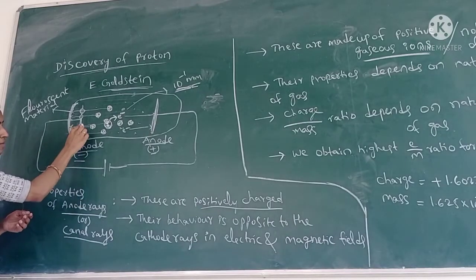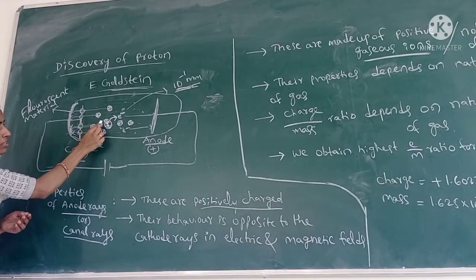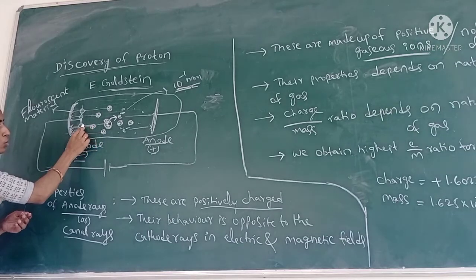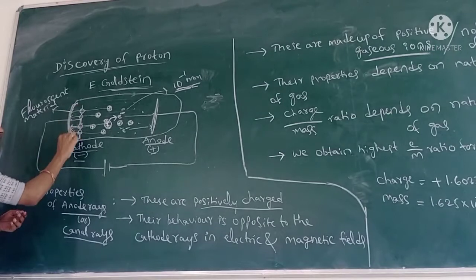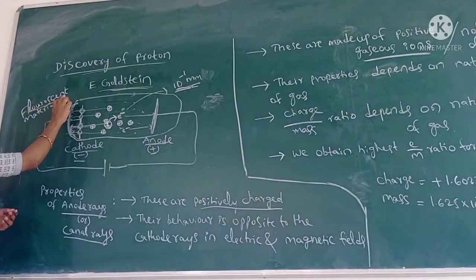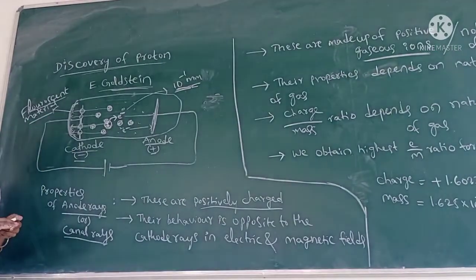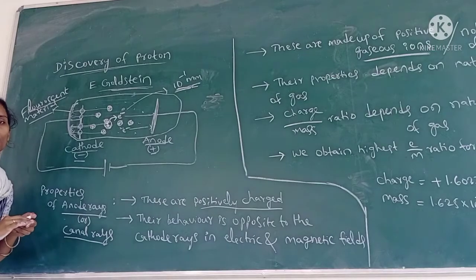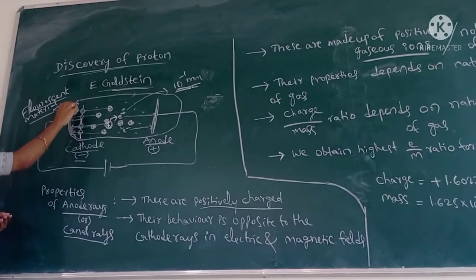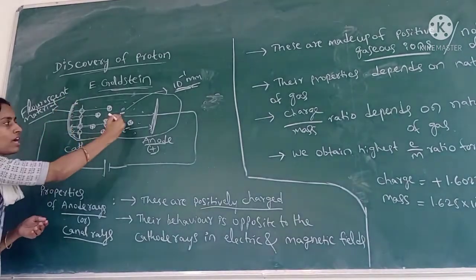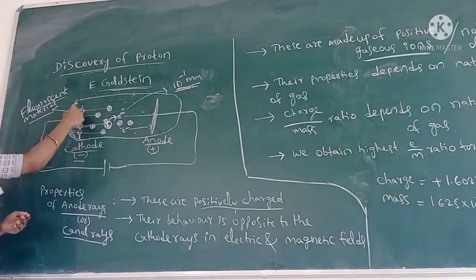Here we have taken a perforated cathode, so they can pass through the cathode, and when they strike this screen, which is a fluorescent screen, we can observe it by glowing. This substance will glow when some rays strike it.